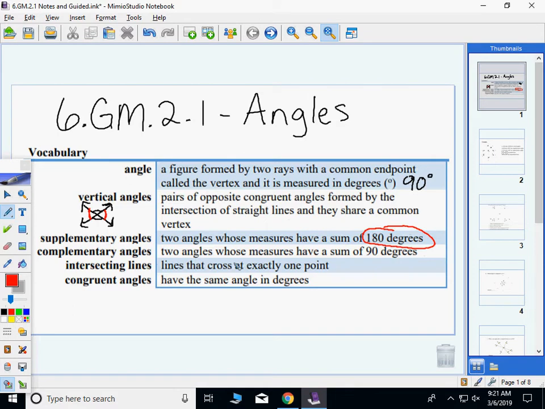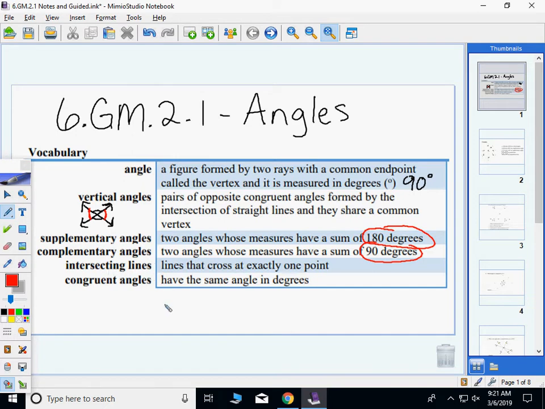Complementary angles are two angles whose measure have a sum of 90 degrees. So kind of like you could remember that by saying, it's always the right thing to compliment somebody. So 90-degree angles are complementary angles because they're right, okay?